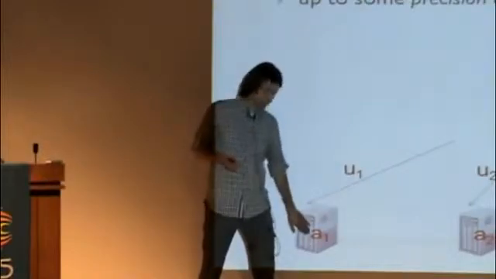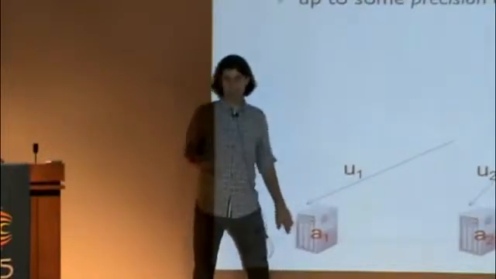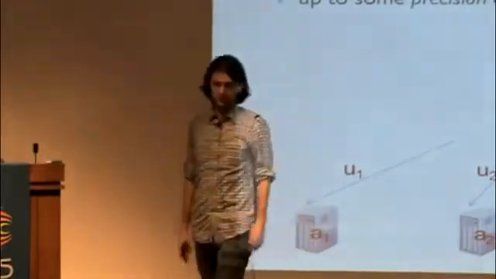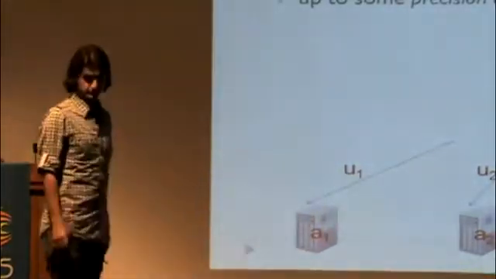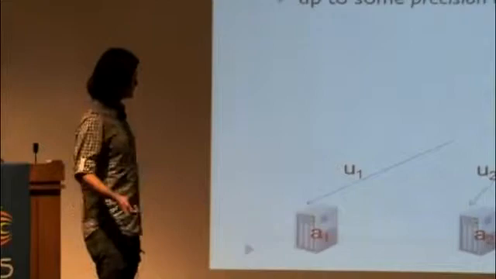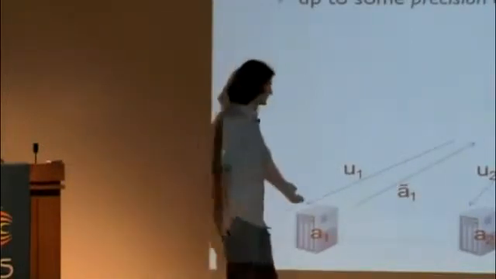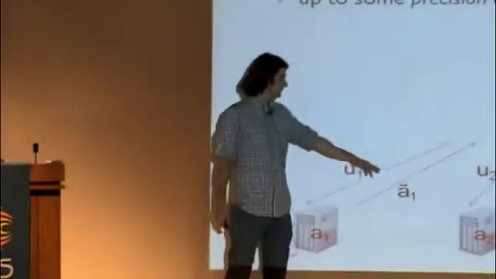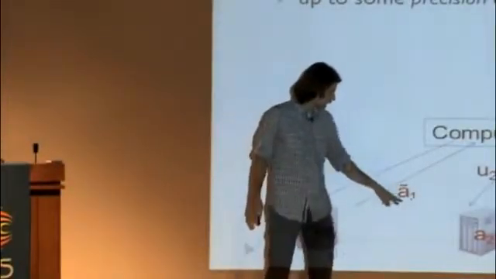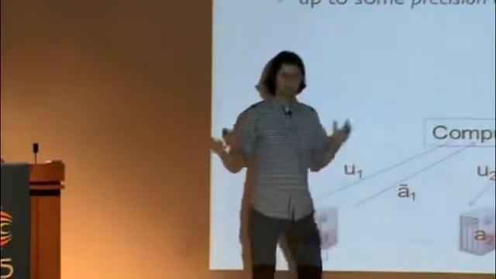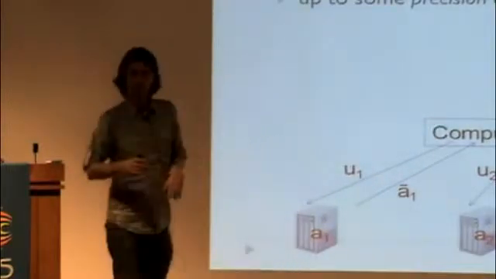So tell me this number up to this precision. And what it means to be up to this precision is that the absolute difference is upper bounded by this precision. Okay? So these guys send back this estimator, and then it uses these estimators for each of the numbers to compute the entire sum.